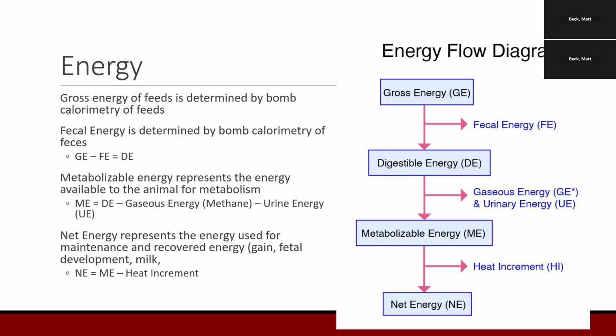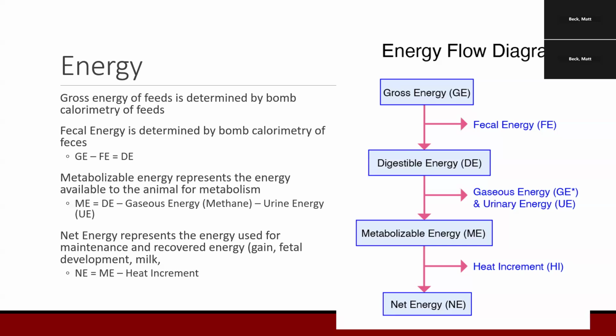When people do metabolism studies, they don't really measure urine energy directly. Some will bomb urine, but most people analyze urine for nitrogen and then calculate urine energy from nitrogen content. So digestible energy minus gaseous energy minus urine energy is metabolizable energy.